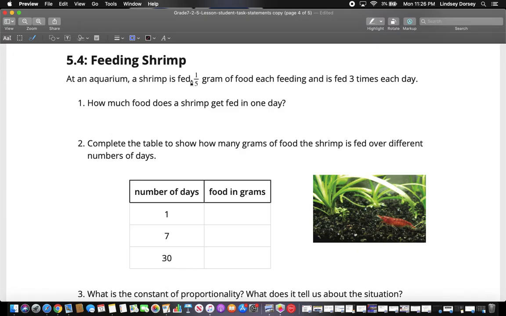Okay, so we know that each feeding is 1/5 of a gram, and the shrimp is fed 3 times a day. So it would be 3 times 1/5, which will give me 3/5.